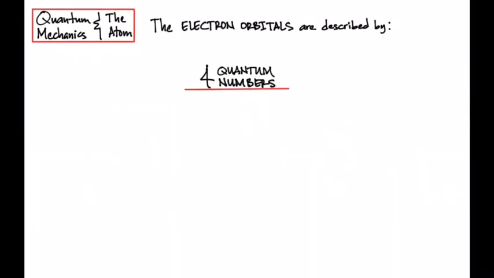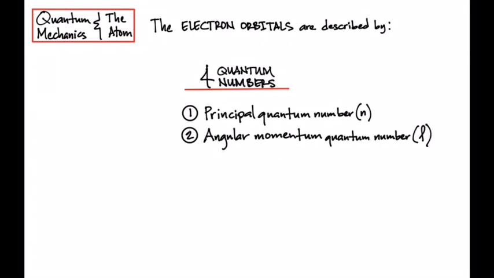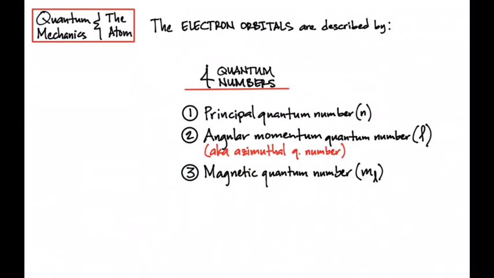So in quantum mechanics, these electron orbitals are described by what they call quantum numbers. And there are 4 different types. The first one is called the principal quantum number, and it has the symbol lowercase n. The second type is called angular momentum, and it has the symbol lowercase l. This is also known as the azimuthal quantum number. The third type is called the magnetic quantum number, and it has the symbol m sub l.